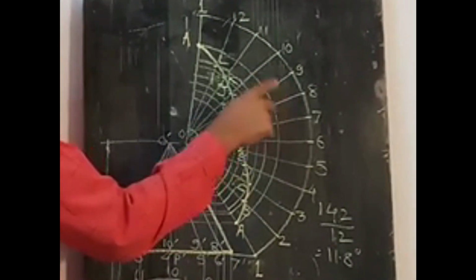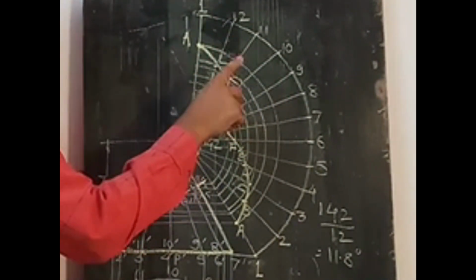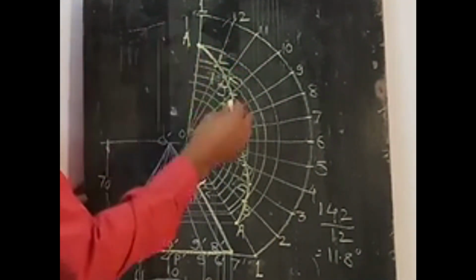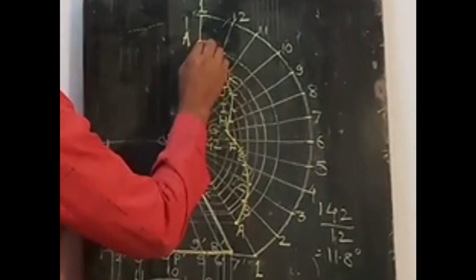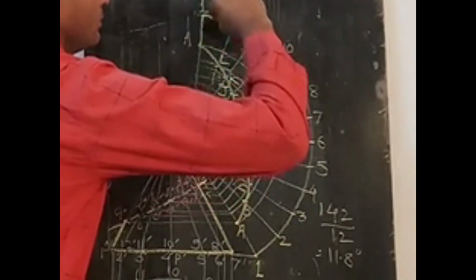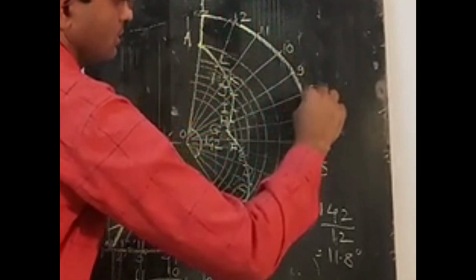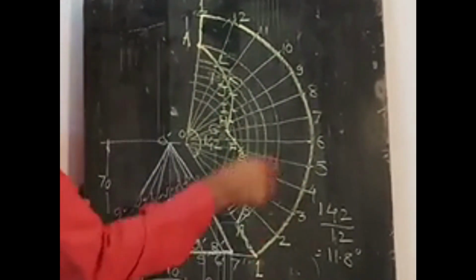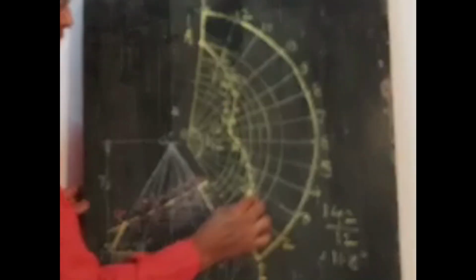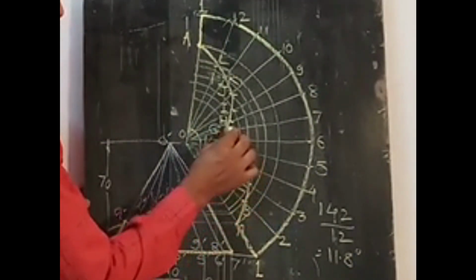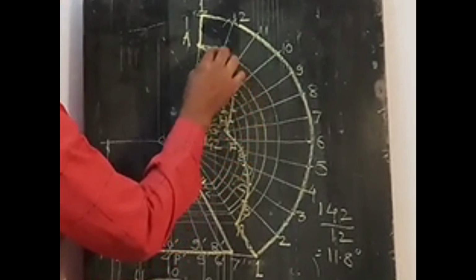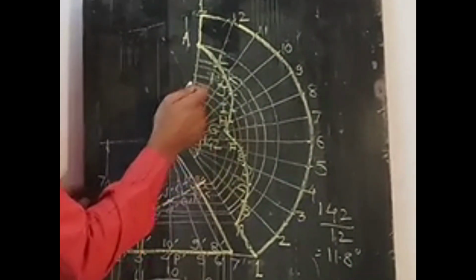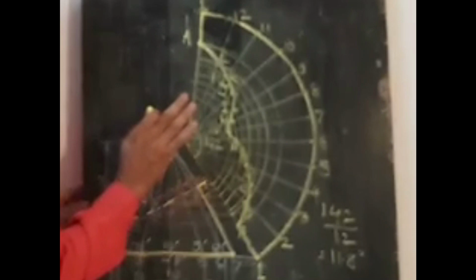On the development also, the retained part is to be kept thick while the removed part is to be kept thin. So here the bottom part is retained, that's why we have to draw this bottom part thick. Of course, the curve will also be thick, and the top part which is containing apex is to be kept thin.